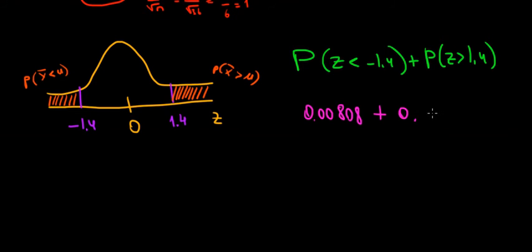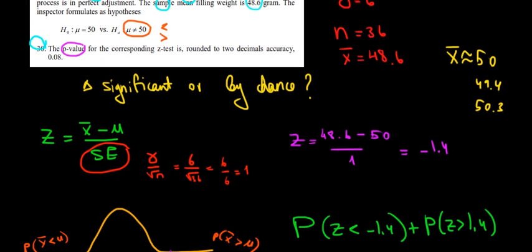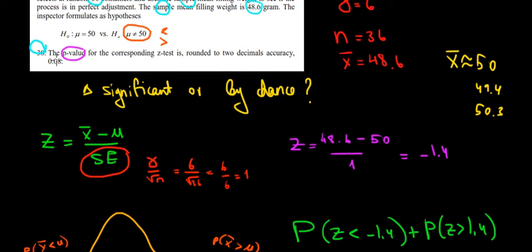So we add the same probability over here, and in total that gives us 0.1616. And if we have a look at the answer key, they say that the p-value is equal to just 0.08, which is false. So the answer is false, and that's it.